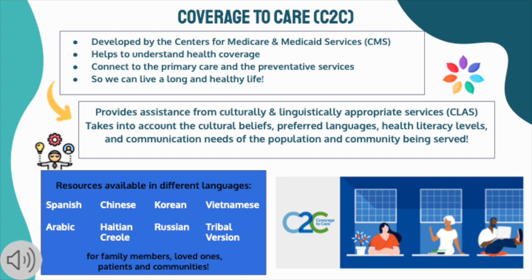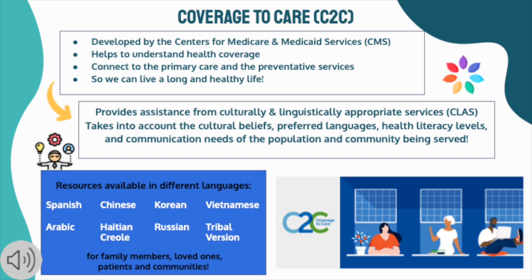Coverage to Care, or C2C, is an initiative that was developed by the Centers for Medicare and Medicaid Services to assist beneficiaries in understanding health coverage and connect them to primary care and preventative services with the goal of helping enrollees live a long and healthy life. Understanding coverage can be overwhelming and confusing. CMS has created a roadmap which explains what healthcare coverage is and how to use it to get primary care and preventative services.